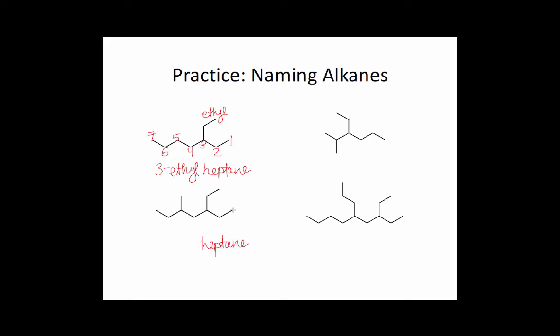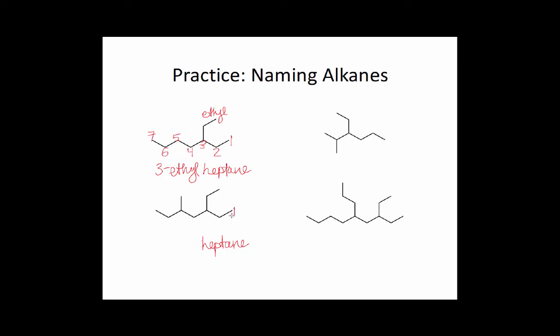Now in this case, notice that if we start over here on the right, it'll be 1, 2, 3, and we get to a substituent. And if we start over here on the left, it'll be 1, 2, 3, and we also get to a substituent. So you'd think, well gosh, it doesn't matter which one I choose. But in fact, we're going to start with this one on the right. The reason being that the substituent on the right is actually bigger than the substituent on the left, and so it's more important, and we want it to have a lower number.